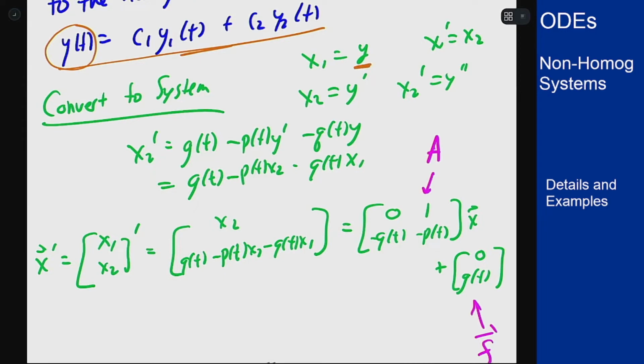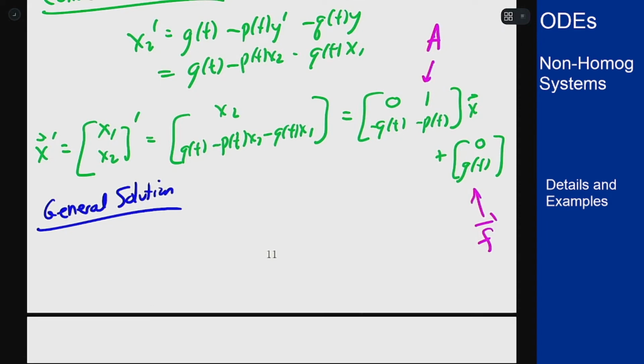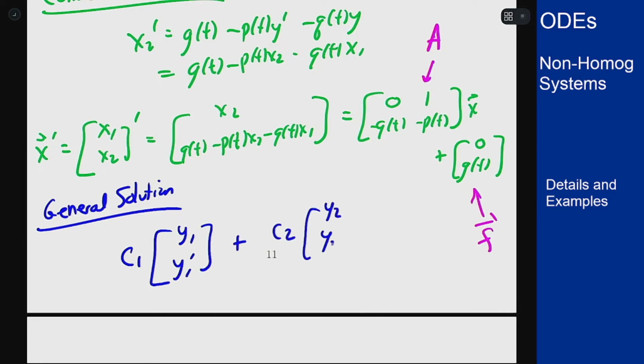Because y is x1 and x2 is just y', we know the general solution here is going to look something like c1 times (y1, y1') plus c2 times (y2, y2'). Because the first component is just y, it's the exact same as it was before, and the second is just its derivative, because that's how this process is set up.